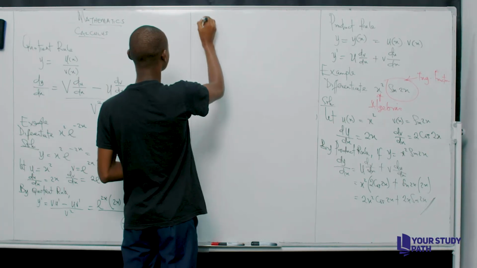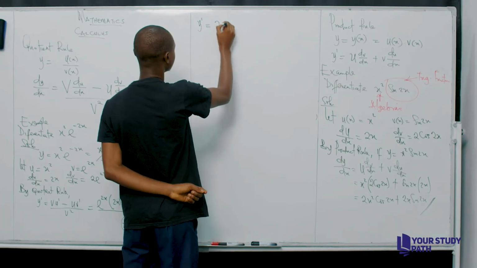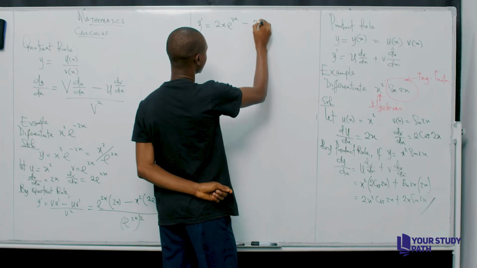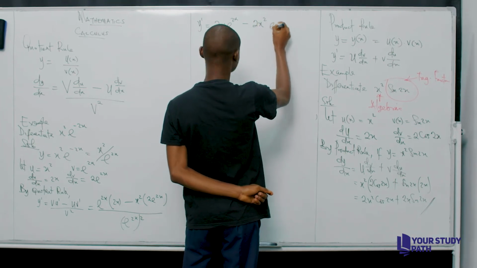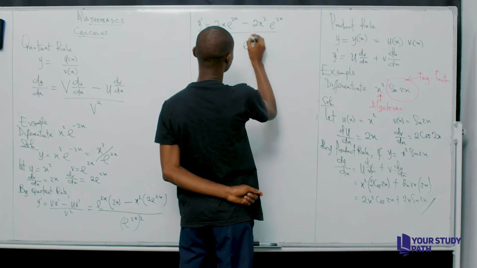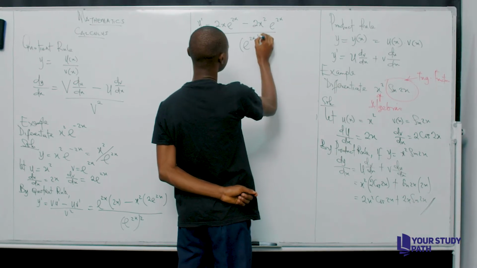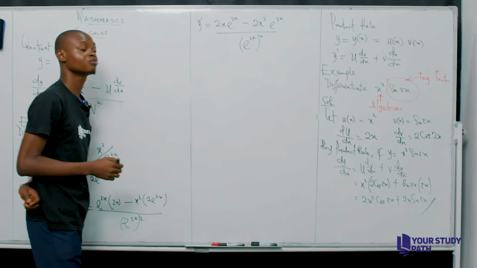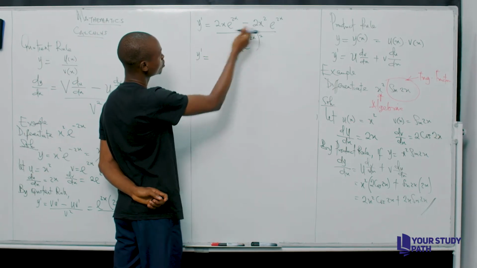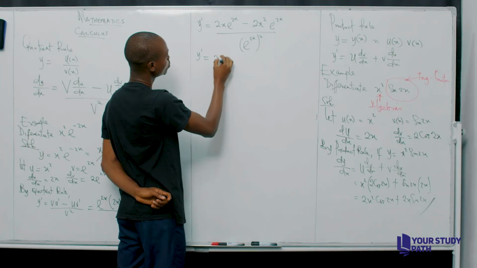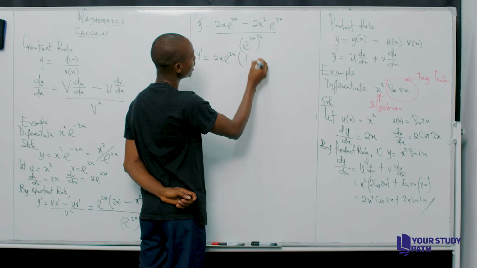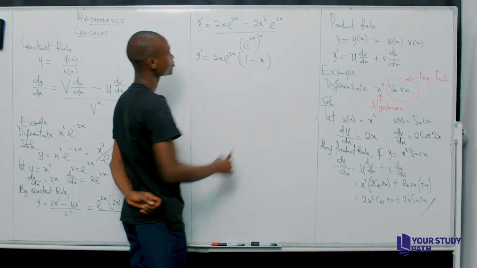So y prime will now be equal to 2x e raised to power 2x minus 2x squared e raised to power 2x divided by e raised to power 2x all squared. We can still go further in simplifying this. Of course, y prime will be equal to, you can factorize, 2x e raised to power 2x comes out into 1 minus x.